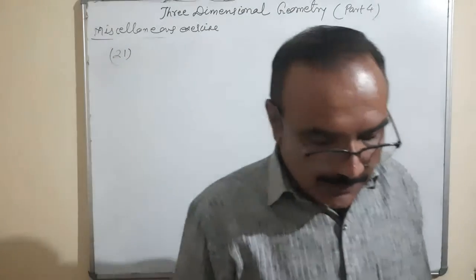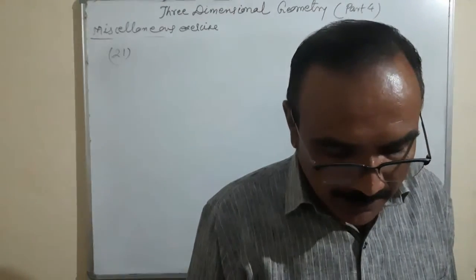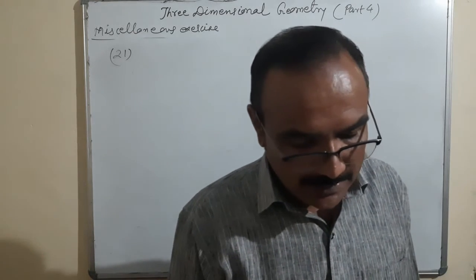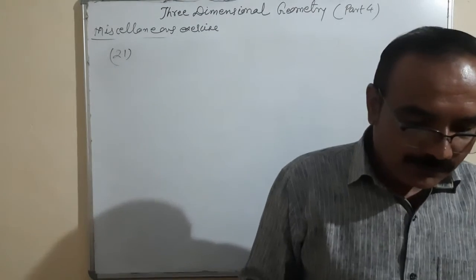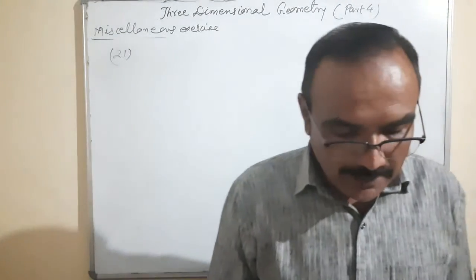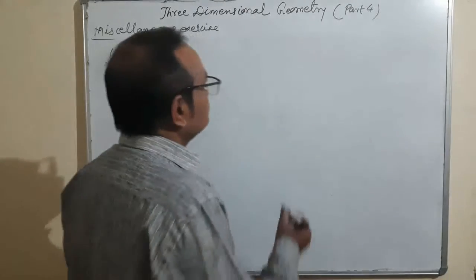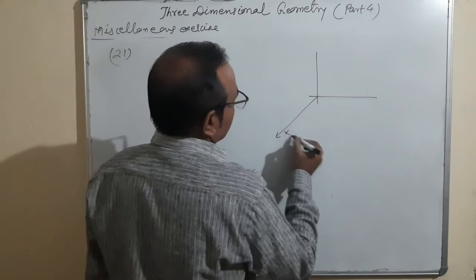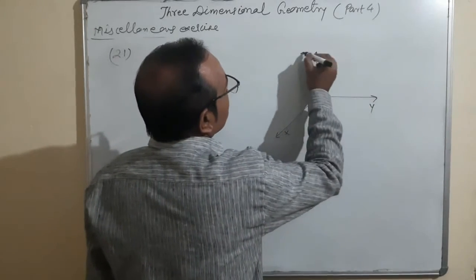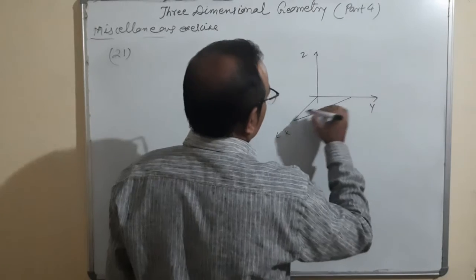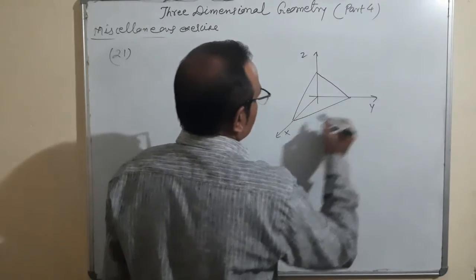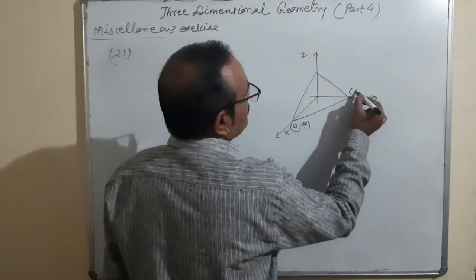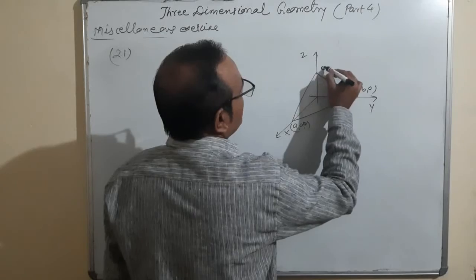The question says, prove that if a plane has intercepts a, b, c and is at a distance of p units from the origin, then this is equal to... If a plane has intercepts a, b, c, so the points are (a,0,0), (0,b,0) and (0,0,c).